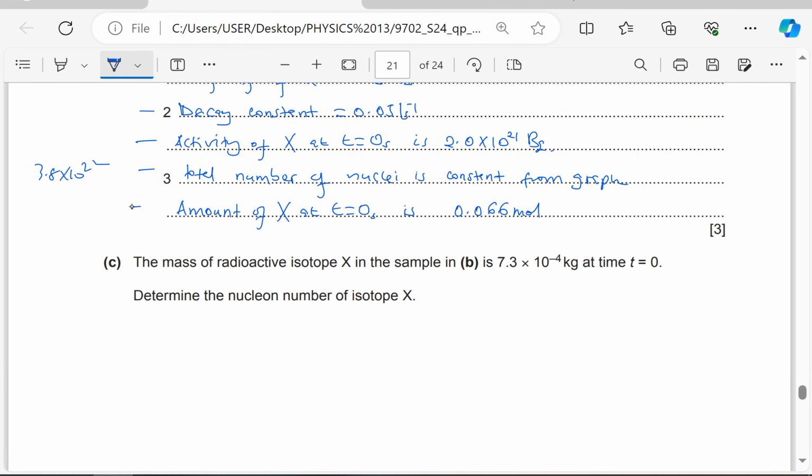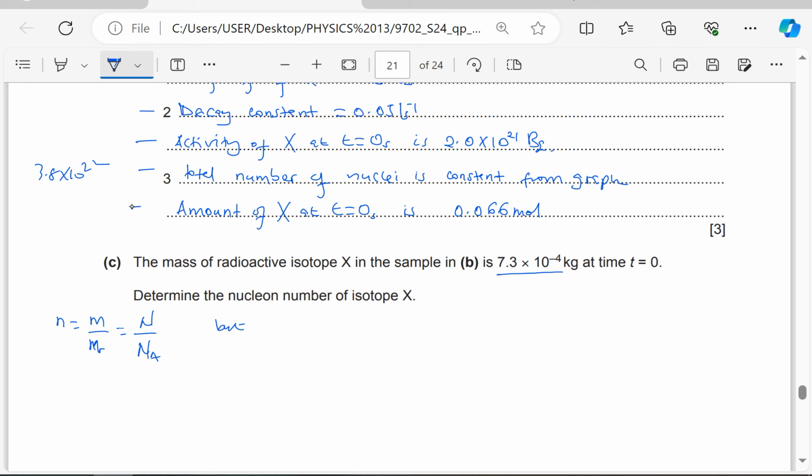The mass of a radioactive isotope X in the sample in B is 7.3 times 10 to the power of minus 4 kilograms at t equals 0. Determine the nuclear number of isotope X. Of course, the number of moles equals mass over molar mass, which is the same as number of nuclei over Avogadro's number.